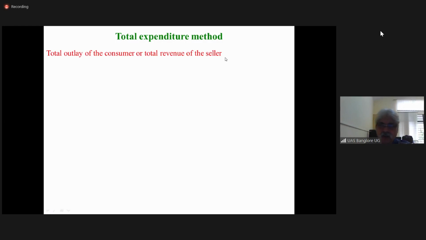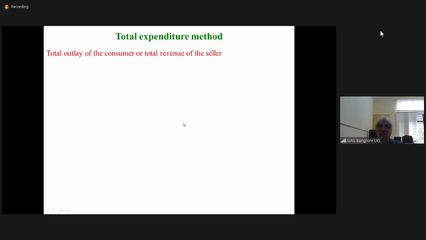For me, 5,000 rupees is the expenditure, but for the bookshop owner, it is the revenue, it is the income. So when we say total expenditure or total outlay, it is for the consumer, but for the seller, it is the total income or the total revenue.